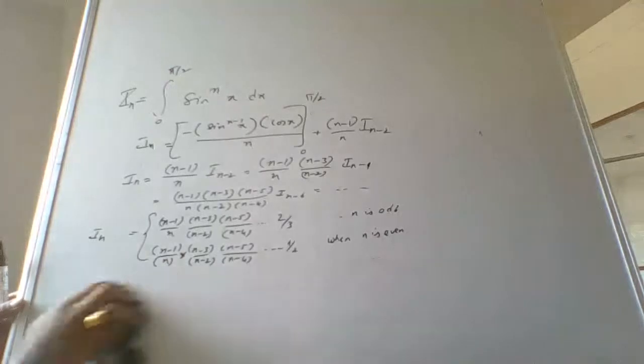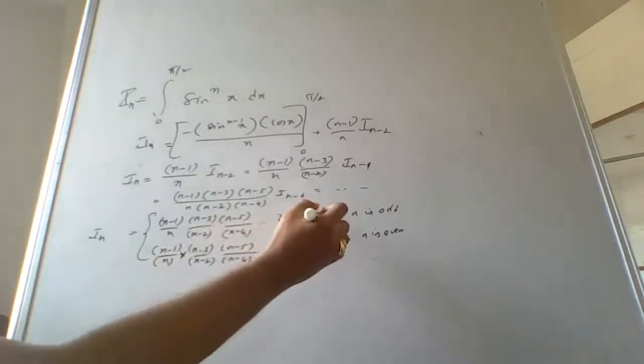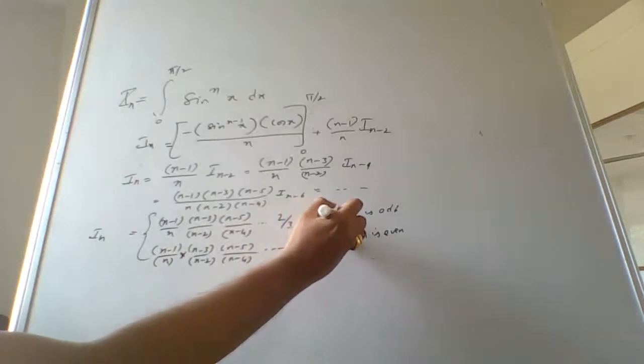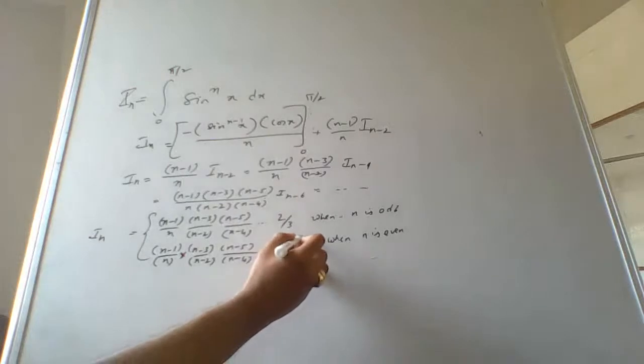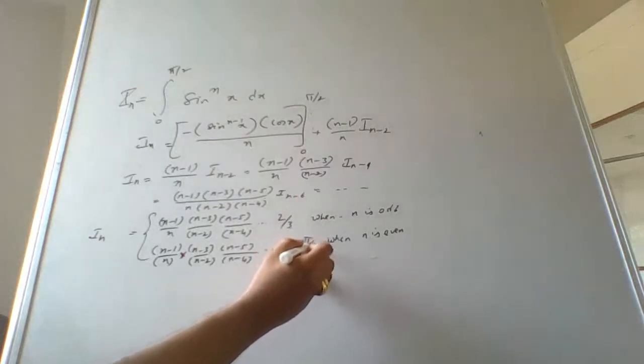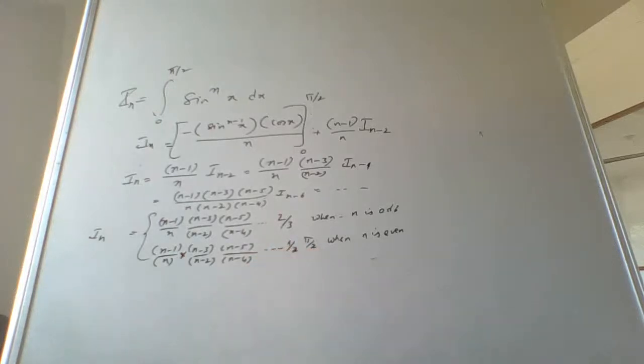I got I1 as result 1 when n is odd, and I0 as pi by 2. So this is for when n is even.